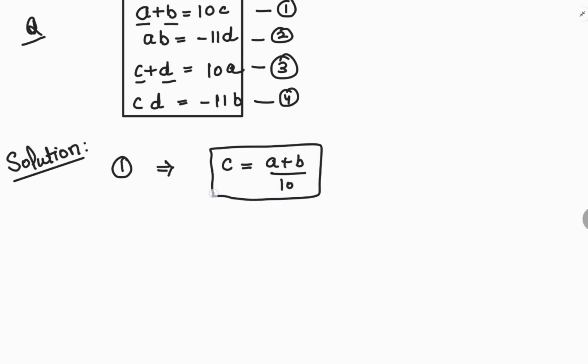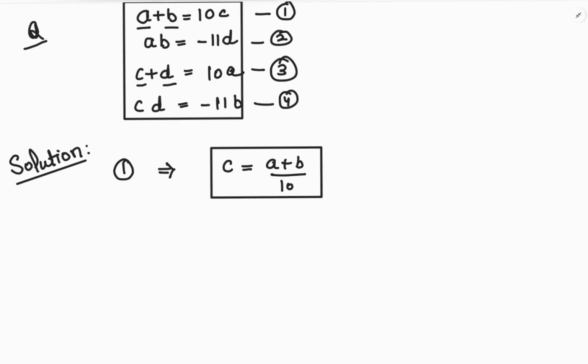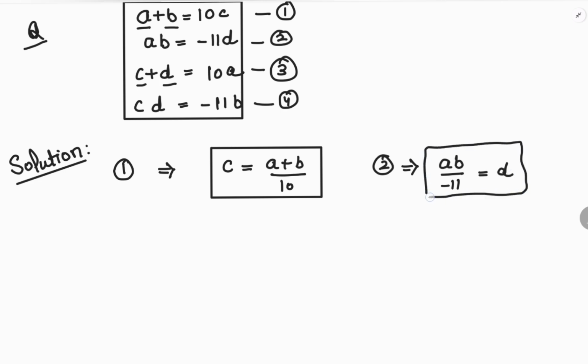So we know what C is: A plus B by 10. Similarly, if we look at equation number 2, this implies AB by minus 11 is equal to D, right? So that means D is equal to AB by minus 11, or you can say minus AB by 11, right? So now we know the value of C and D.